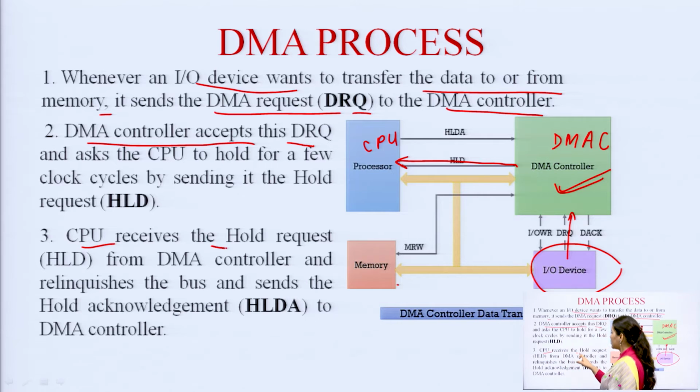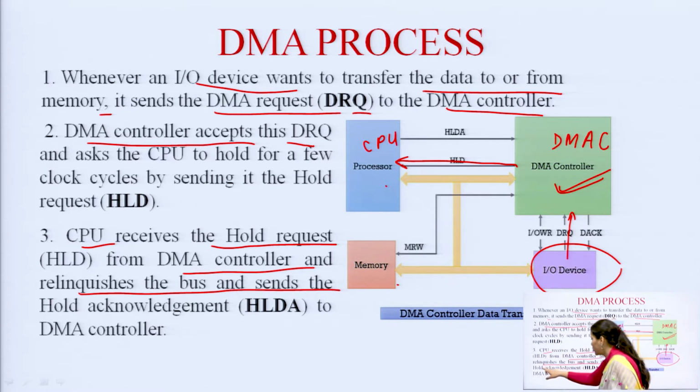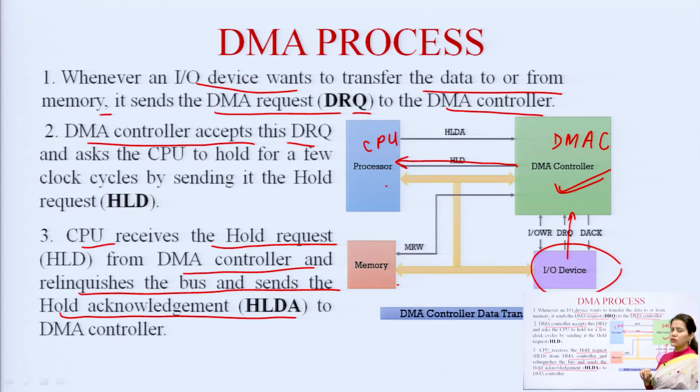Now, what will happen in the third step? The CPU receives the hold request. Now, the CPU has received the request through the hold line from the DMA controller and relinquishes the bus and sends the hold acknowledgement signal. What is happening here? The input output device has sent the request to DMAC. DMAC has sent the request to the processor to hold on the job being done by this processor for a few clock cycles.